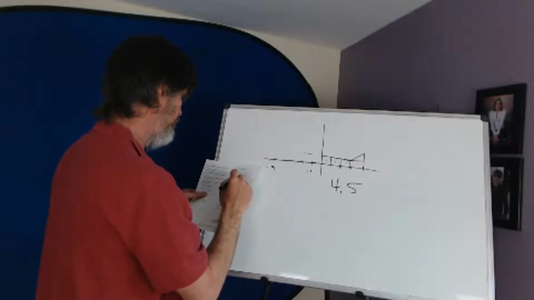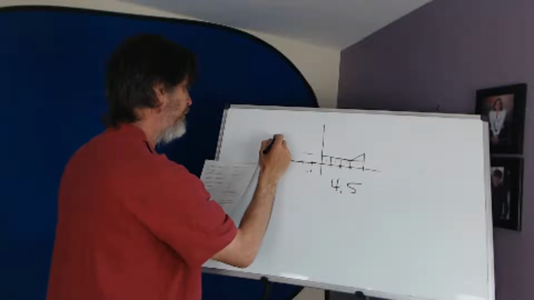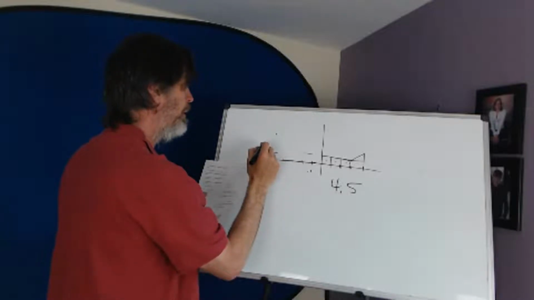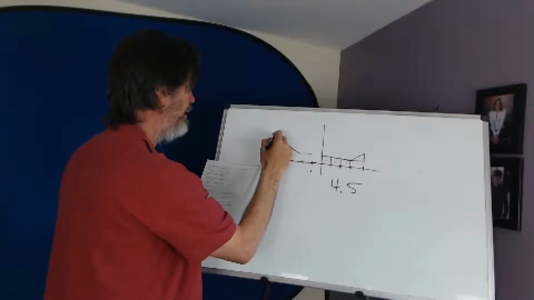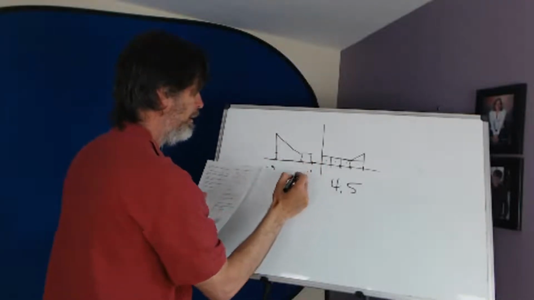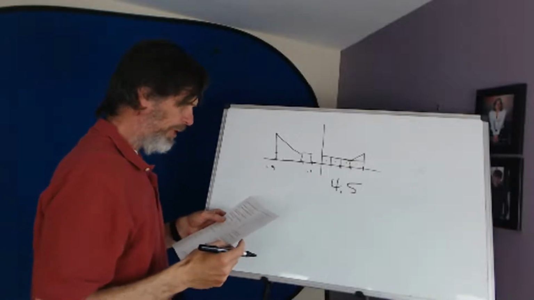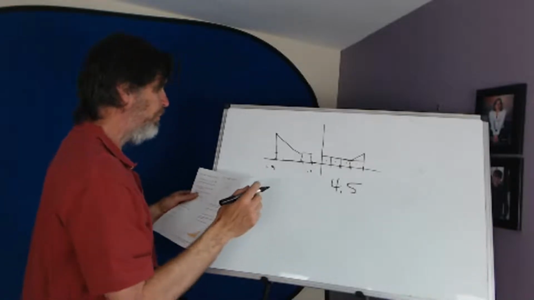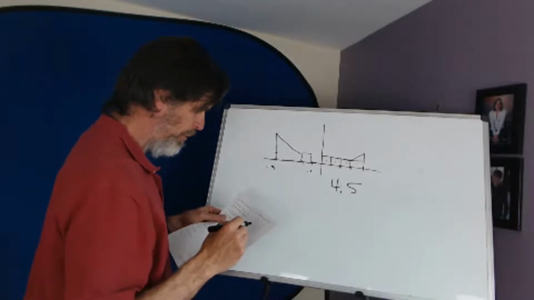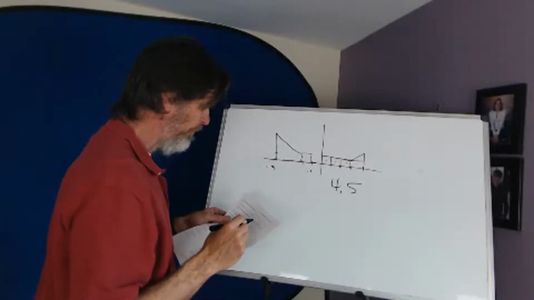Let's see, 1, 2, 3, 4 goes up 4. 1, 2, 3, 4. Down there. All right. So now we're going to try our best to figure out what. Oh no, it goes up quicker, doesn't it? No, we're good. 1, 2, 3, 4, 5.